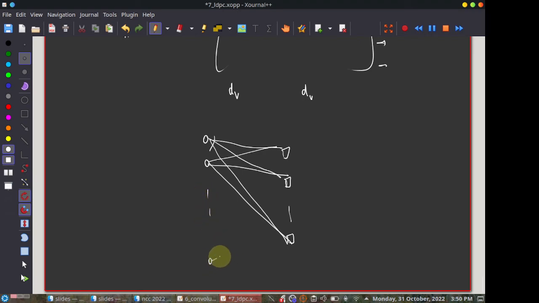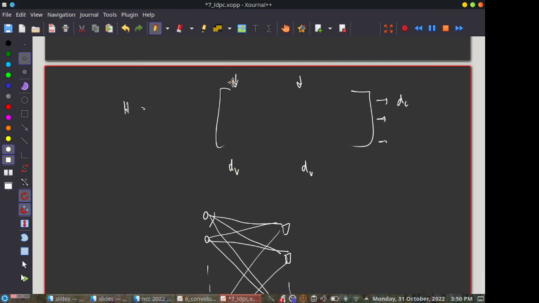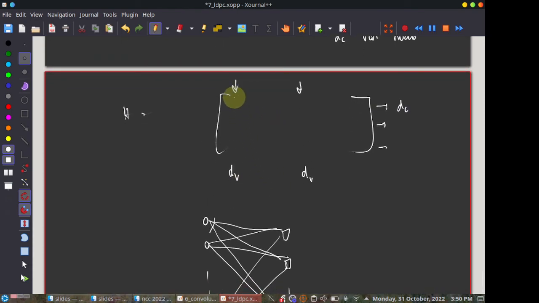That ensures that the variable node degree is equal to dv for all variable nodes. If you look at the parity check matrix, every column has exactly dv ones in it. So that's one way of generating a random matrix, or in other words, a random factor graph. But now what is the problem?